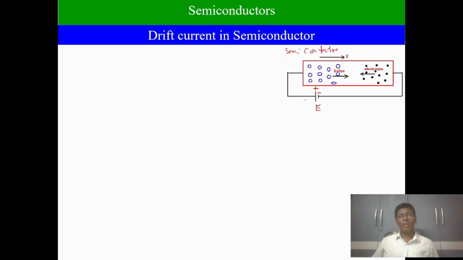Because of the applied electric field, what happens? Inside the semiconductor, which contains positively charged holes and negatively charged free electrons, the holes are repelled by the positive supply of the battery and move in this direction.